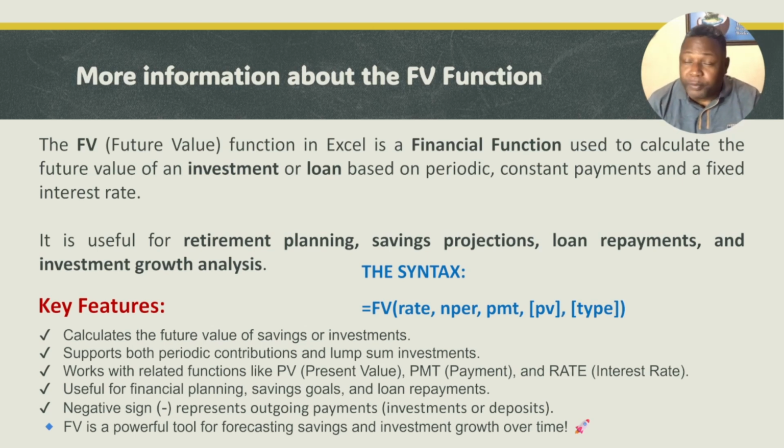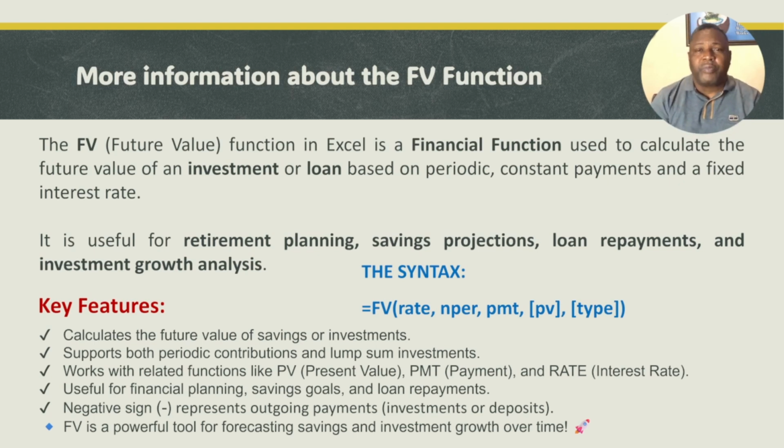It supports both periodic contribution and lump sum investment. It works with related functions like present value, payment, and rate. And of course, it's useful for financial planning, saving goals, and loan repayment. A negative value there represents an outgoing payment. So anywhere you see a negative value in the formula, it means it's an outgoing payment, investment, or deposit.